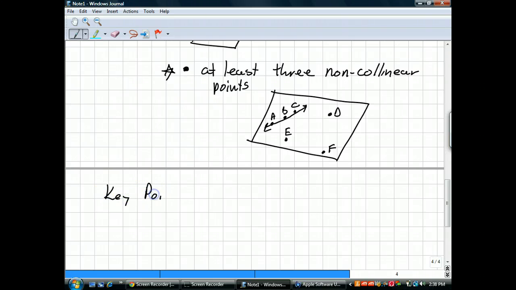Key point. The terms point, line, and plane. This is very important. It will be on a test.